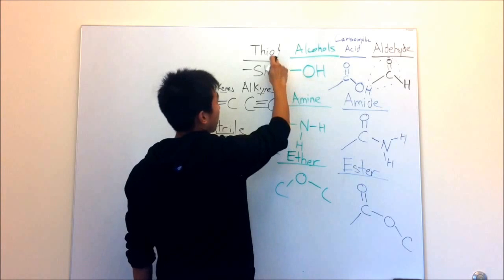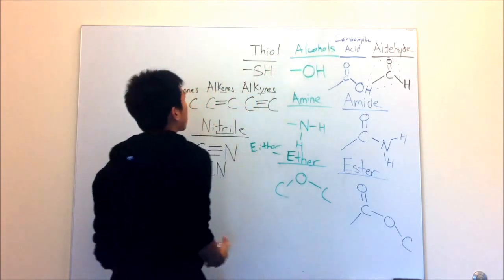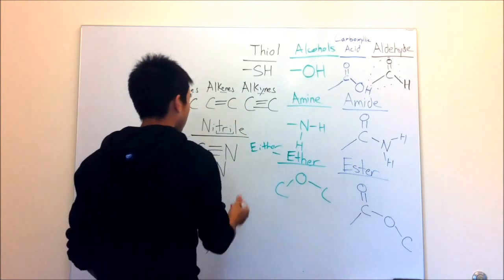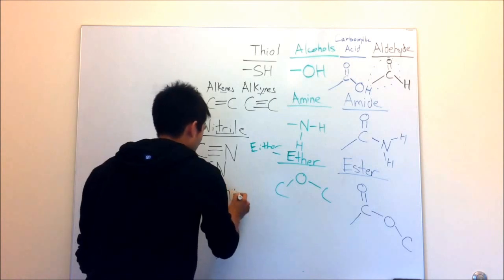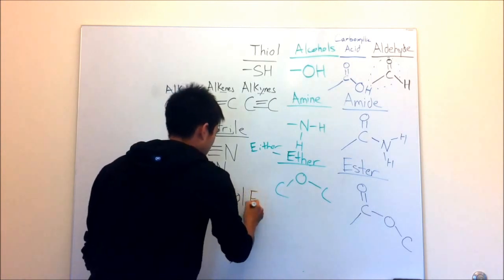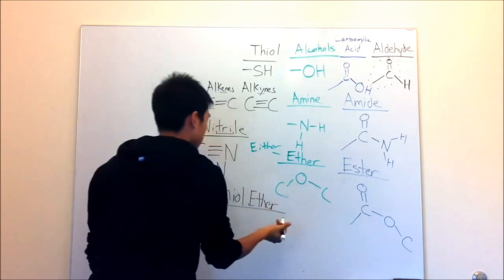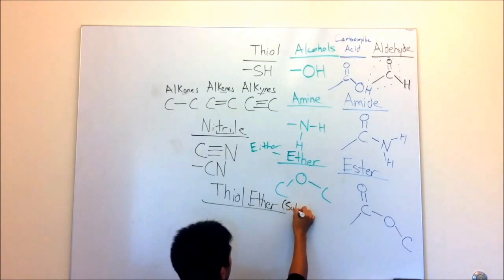And they both end the same way, so maybe that'll help you think of the structure. Thiol. And then there are thiol ethers. Sometimes your professor might call them just sulfides.